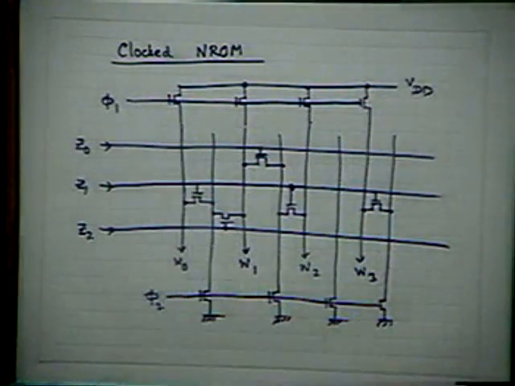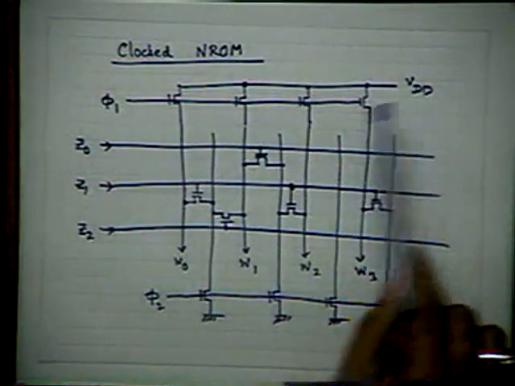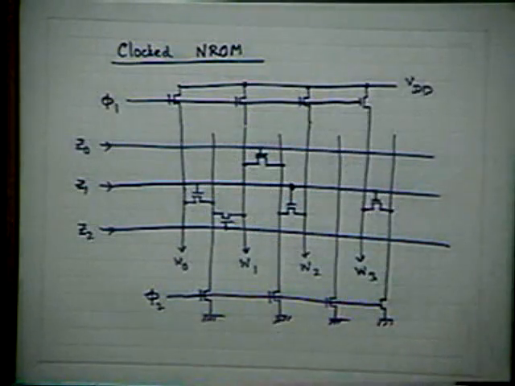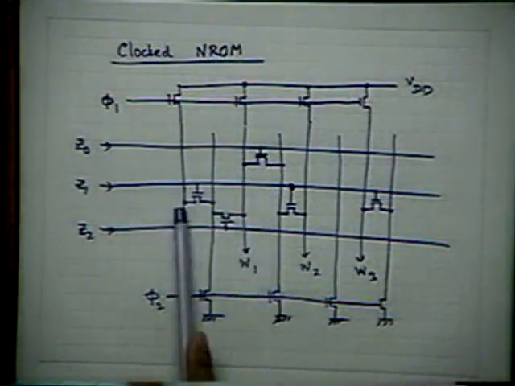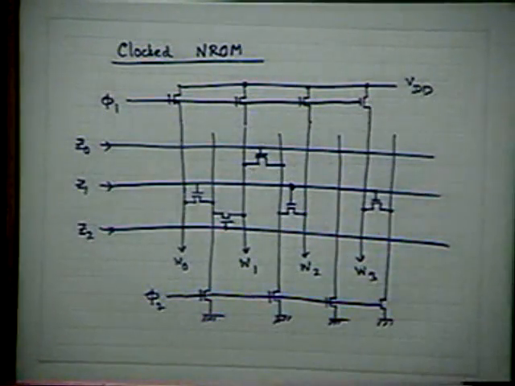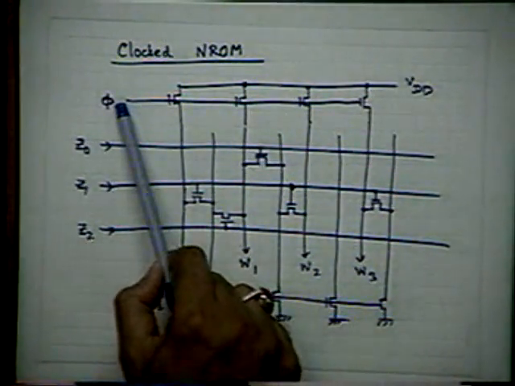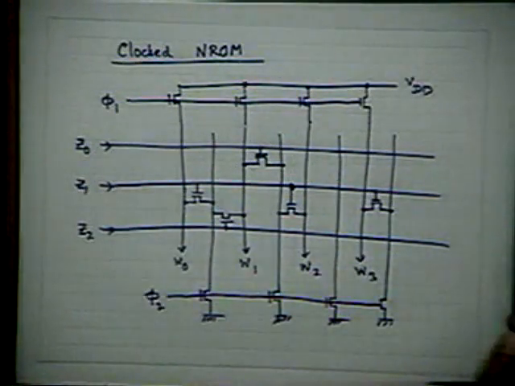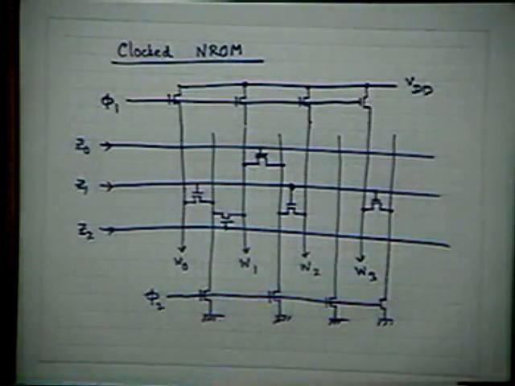So when phi 1 is high and phi 2 is low, non-overlapping clock, as you know, these transistors are on, all the bit lines are charged to 1, and during this time the inputs come and get stabilized at the input of all the transistors located at the respective nodes. Then when phi 2 is high, and automatically phi 1 is 0, as you remember, you get the output proper in the appropriate place.